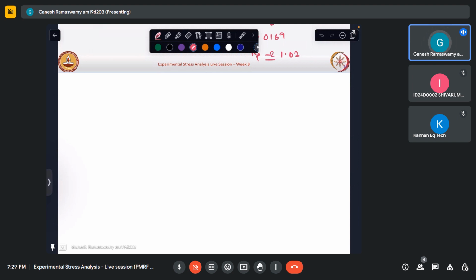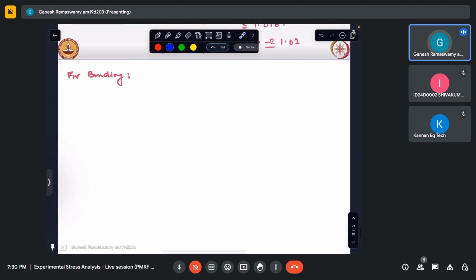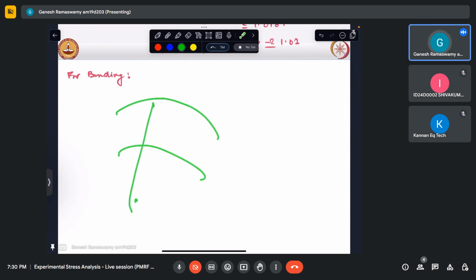Whereas in the case of bending, there is strain variation right from the neutral axis, so there is a difference between this and this. Strain will be varying linearly. This creates more complication in the case of bending, but that has been solved, and we have one standard expression. So I'll just write that down.